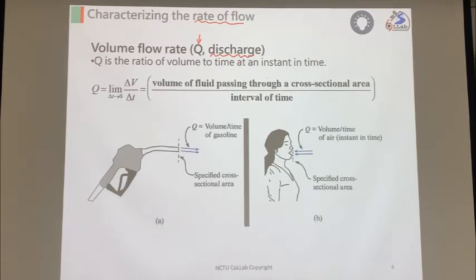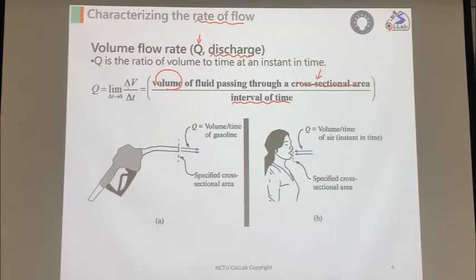Following the sentence shown here, the definition is the volume change through a cross-section area. You need to define where your cross-section area is first, then define how much volume crosses over this section, and then how much time the volume exchange takes.